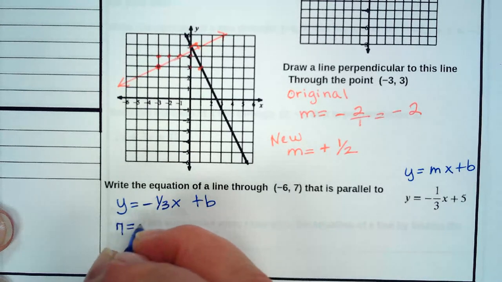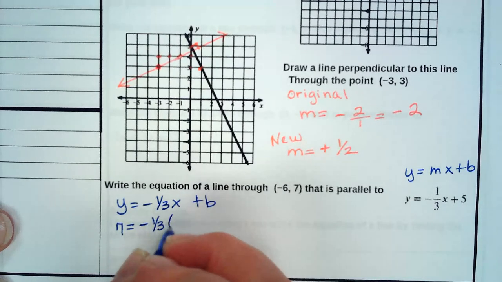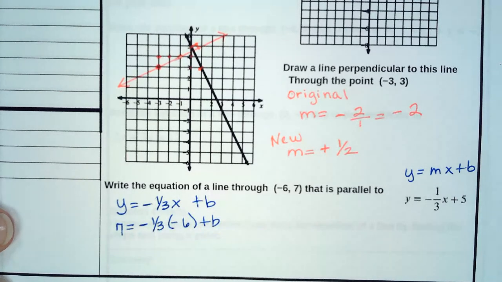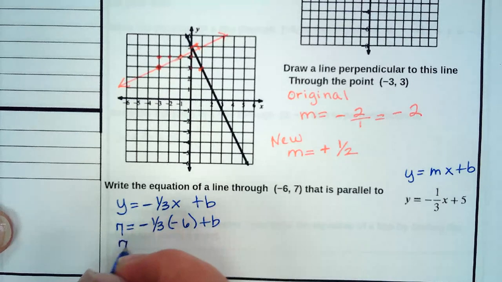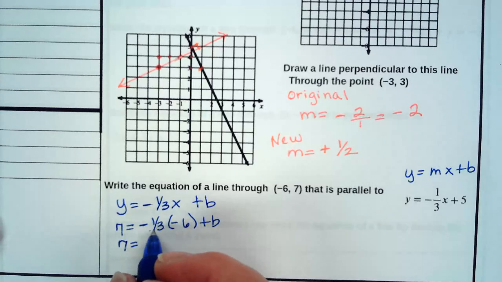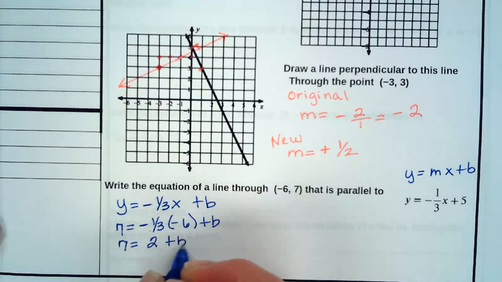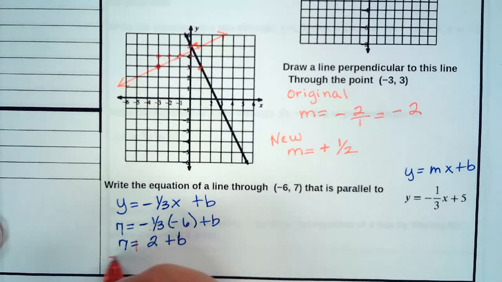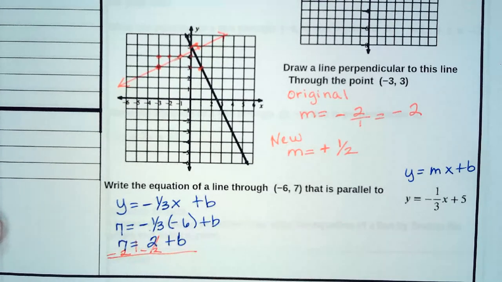7 is equal to negative 1/3 times negative 6 plus b. 7 is equal to, negative times negative is a positive, 1/3 of 6, or 6 divided by 3, is 2 plus b. Last step to finding b is to subtract 2 from both sides. 5 is equal to b.